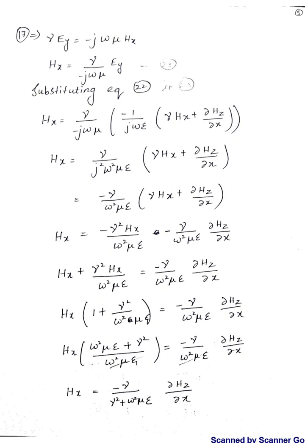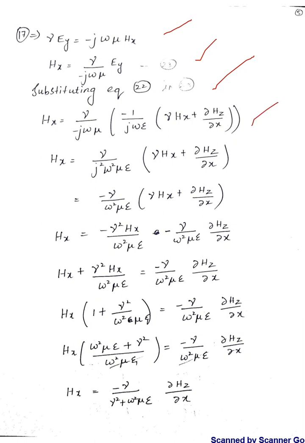Now I'm going to write the 17th equation which I got previously, and just now we have got this Hx, and that is the 23rd equation. I'm going to write it again. Then I substitute this 22nd equation, which I obtained previously, in the 23rd equation, and I'll get it like this.